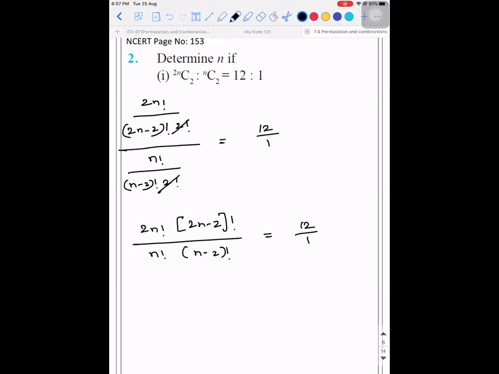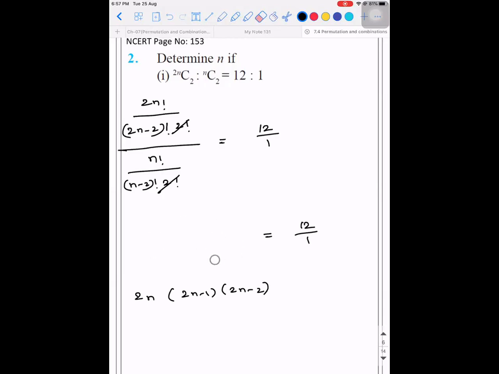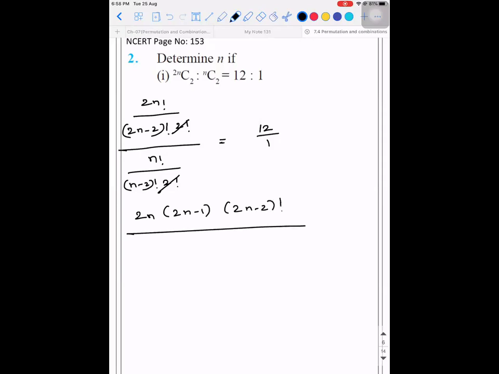So what we can do is, let me try. 2n factorial, let's write it as 2n into 2n minus 1 into 2n minus 2 factorial, the whole divided by 2n minus 2 factorial, divided by n factorial.